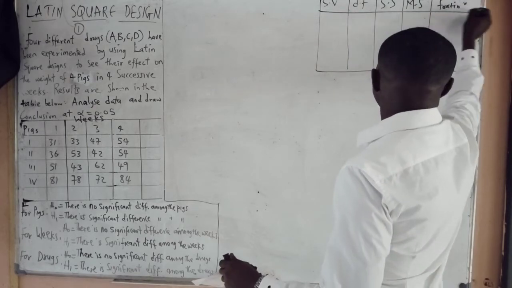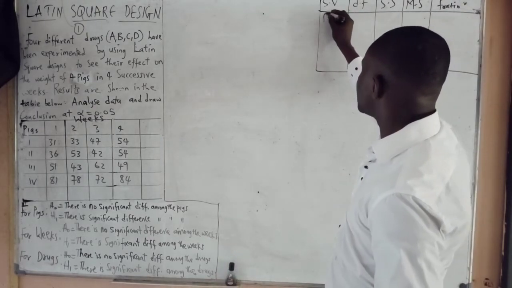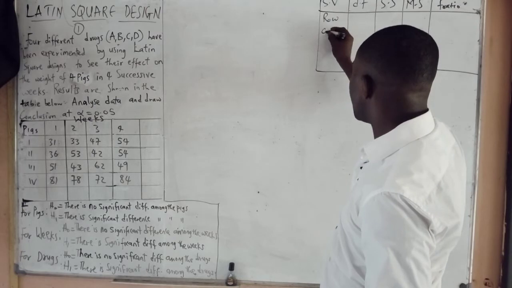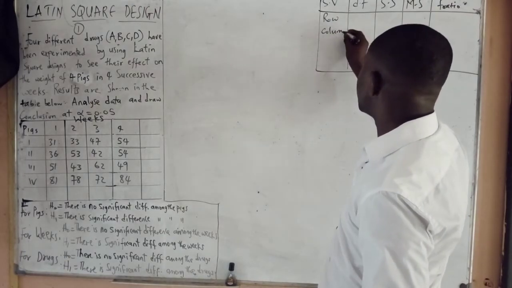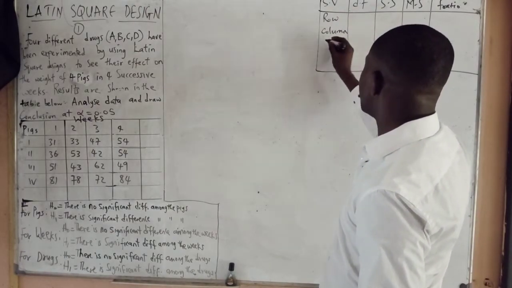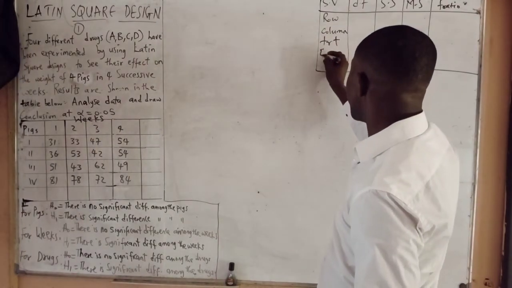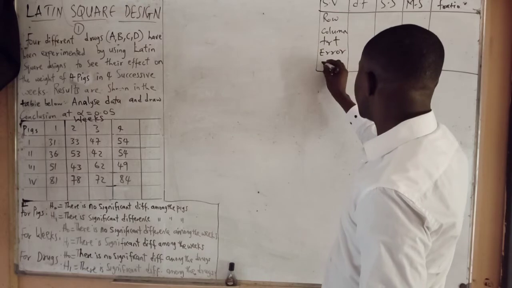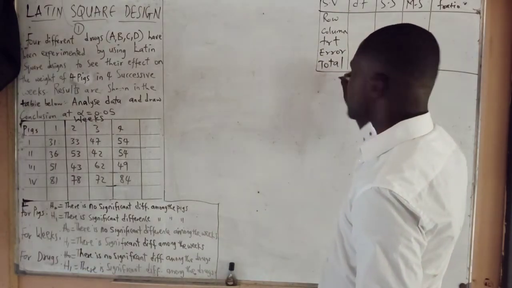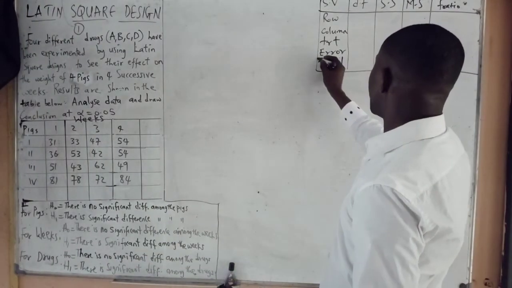Then, Latin square design has row, column, treatment, then error, then total. Okay?